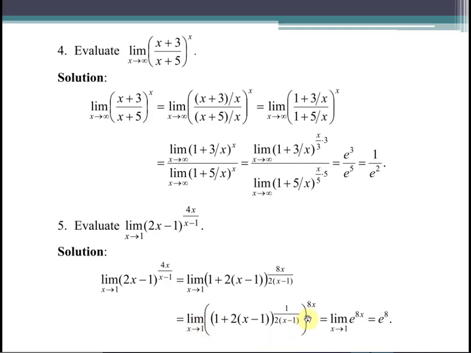Inside is e. And e to the power of 8x, as x tends to 1. It means e to the power of 8x, or just e to the power of 8, as x tends to 1.